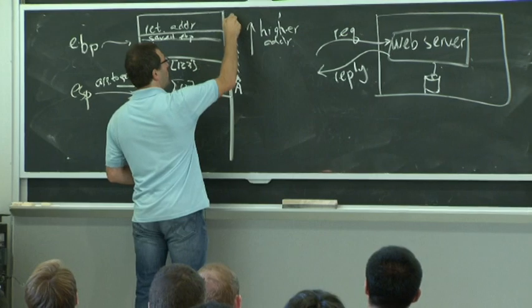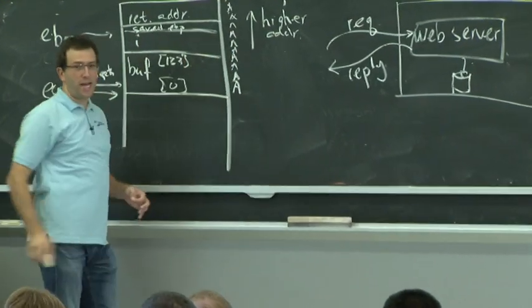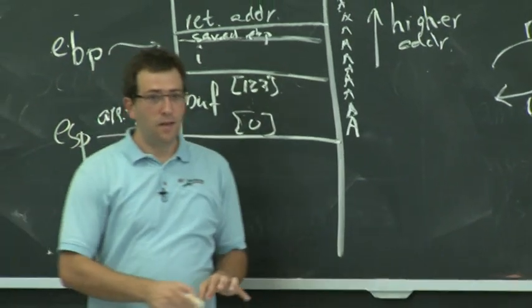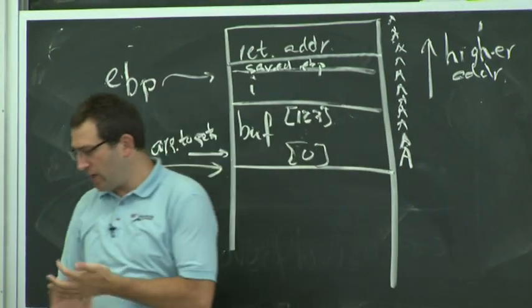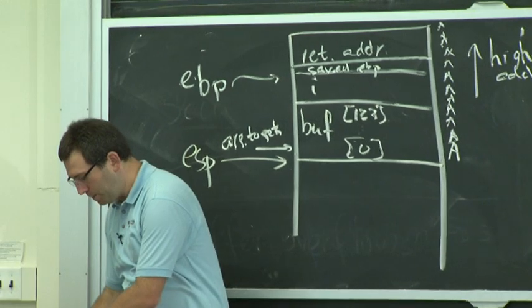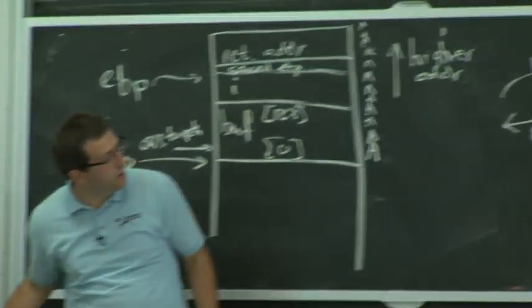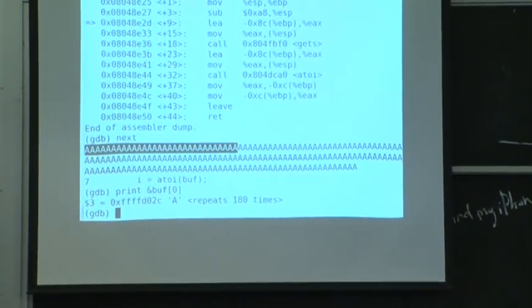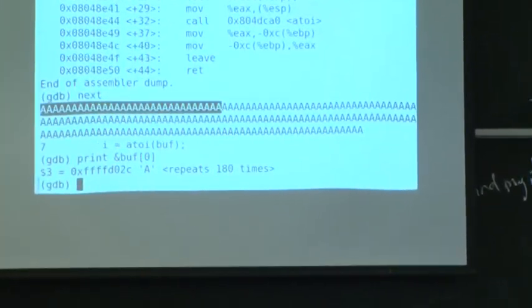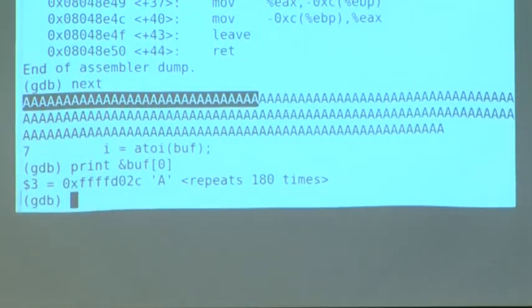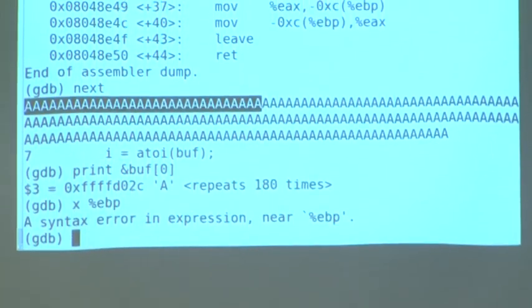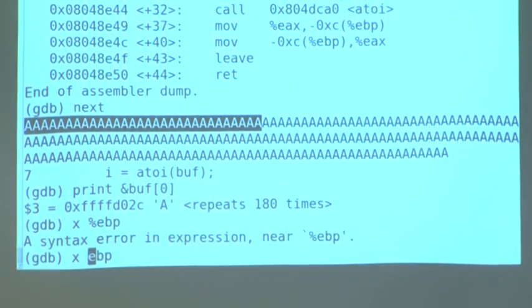It's going to overwrite A's all the way up the stack, past the return address probably, and into whatever was up the stack above us. So we can check whether that's the case. We can print the buffer. And in fact, it tells us we have 180 A's there, even though the buffer should be 128 elements large. So this is not so great. And we can again examine what's going on in that EBP pointer, $EBP.